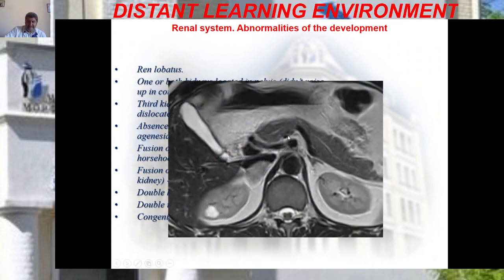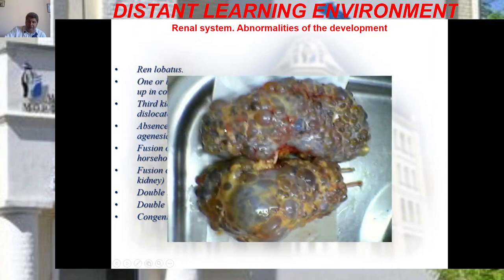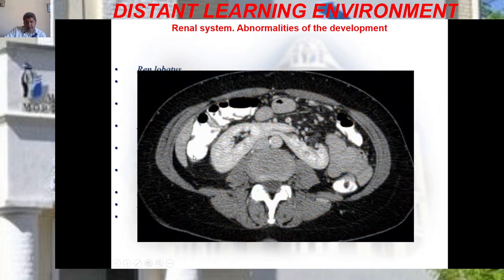So you can see a third kidney here, 1, 2, 3. This is smaller than the two others. Polycystic kidney. Annular, horseshoe-shaped kidney. You may see the fusion with the inferior poles.